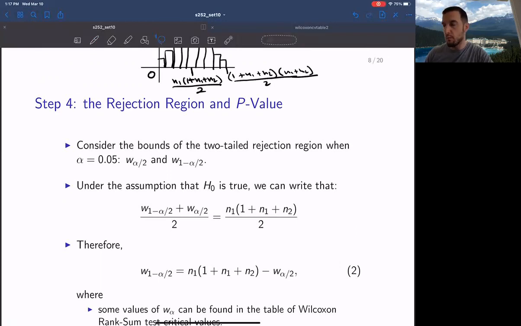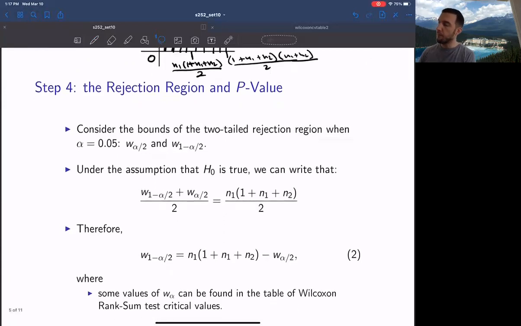So our table, which will give us the upper critical value, means that if we need a lower critical value, we can use the formula given in equation 2 to find that value. And again, this is the same idea as what we have with the signed rank test, but all we're doing really is taking into consideration that we have an extra sample of information.